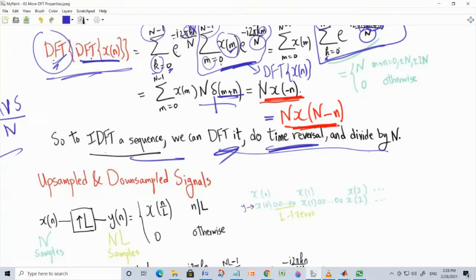Typically, this will involve an operation of reversal, which is simple, by the way, to implement. It's just fix a sample and flip the other samples, and sometimes you multiply or divide by big N. So basically this is how you can get the IDFT if you are forced somehow to just use DFTs.